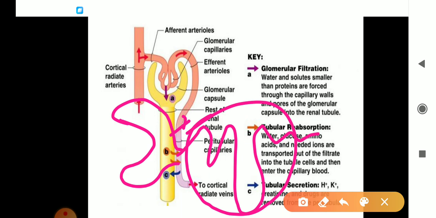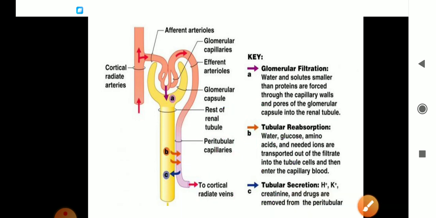And substances such as urea, uric acid, and excess water are left behind in the tubule, right? This liquid, containing all these substances, is called urine.